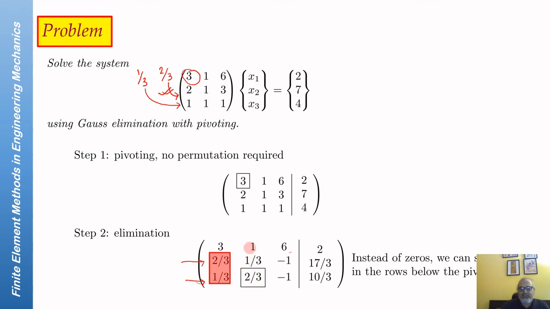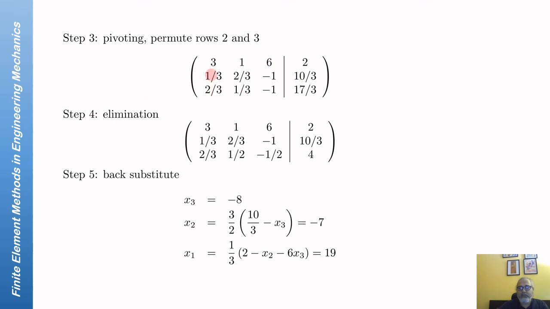We will swap these, and when you swap this, you have to swap all the 4 entries here, and when you swap this, this is what you get. You swap these 2 rows. This now becomes the pivot. Now you multiply this by 1/3 divided by 2/3 and subtract from here.